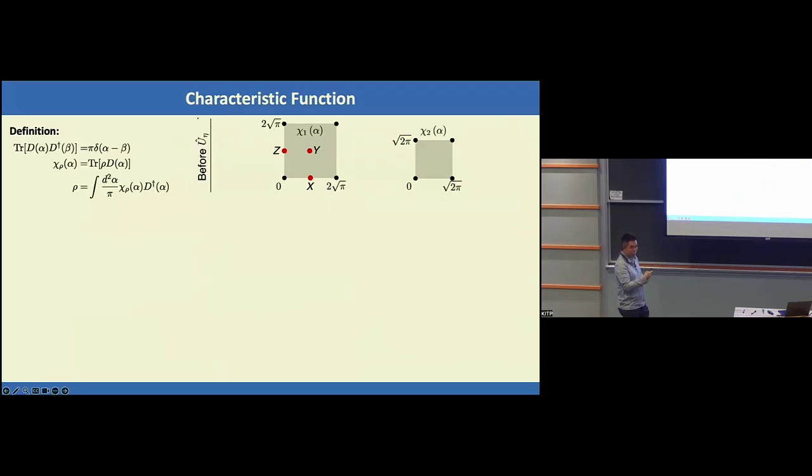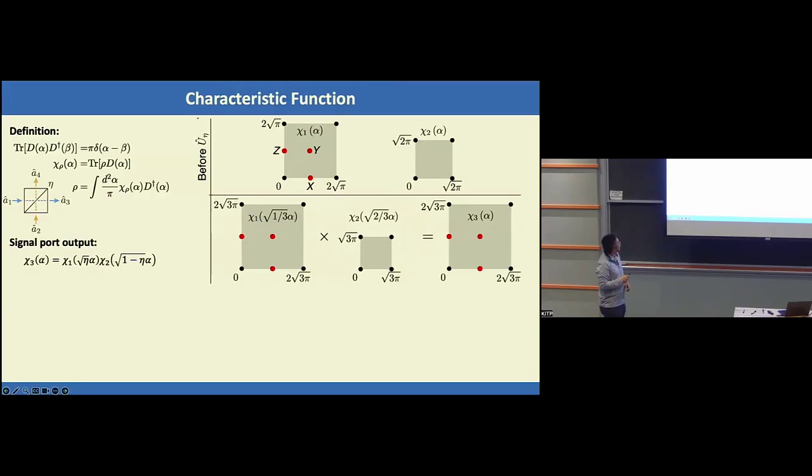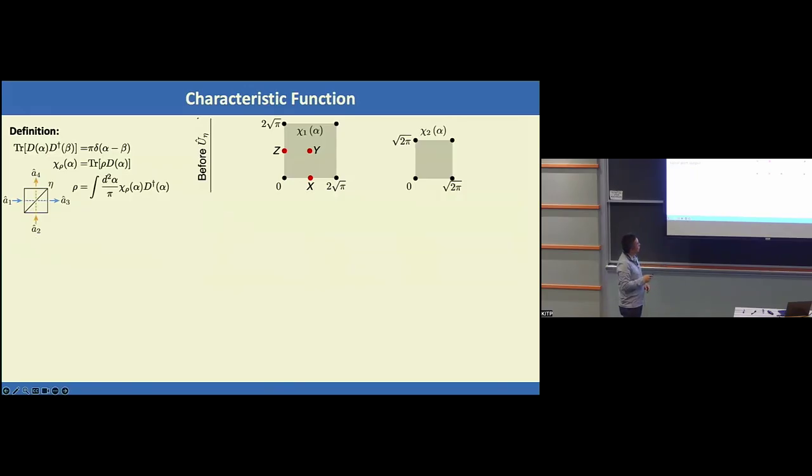Now think about errors which will smear things, suppose you have loss. What happens in the characteristic function for a beam splitter is the product of the characteristic function of the input and the ancilla. If your ancilla is a vacuum, then basically it just puts a Gaussian envelope on the original sharp characteristic function. Then you will find that these X, Z, and Y will be reduced.